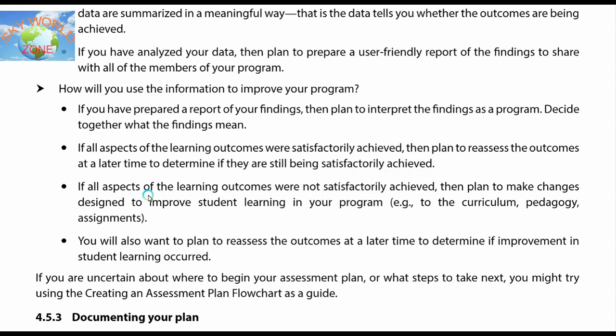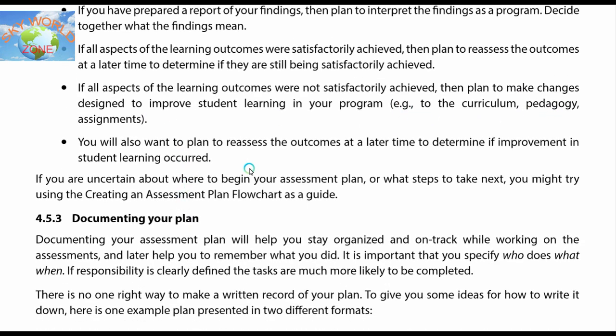If all aspects of the learning outcomes were not satisfactorily achieved, then plan to make changes designed to improve student learning in your program. Example: changes to the curriculum, pedagogy, or assignments. You will also want to plan to reassess the outcomes at a later time to determine if improvement in student learning occurred. If you are uncertain about where to begin your assessment plan or what steps to take next, you might try using the creating an assessment plan flowchart as a guide.